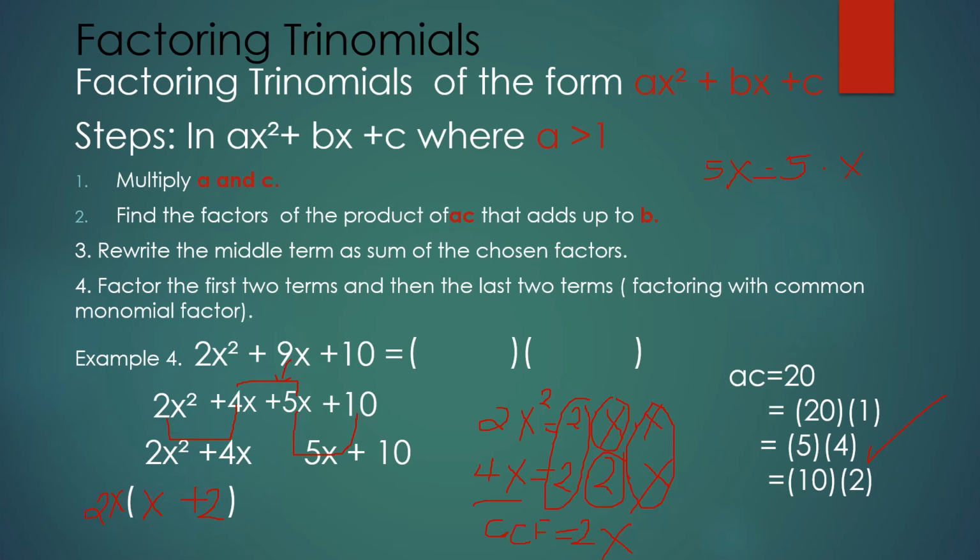And then, yung 10 naman ay ipapakita ko lang to para at least alam nyo, pag malaki na yung number, kaya nyo pa rin gawin. Okay, 5 times 2. So, ito ngayon ang common factor. 5, that is the GCF or what we called also the common monomial factor. So, that is equal to 5.